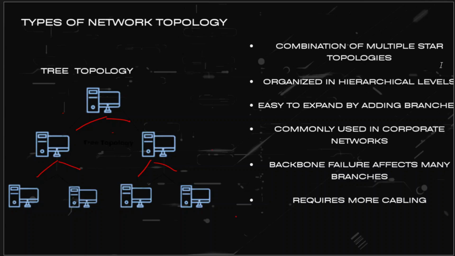If you take a college, there we can find a main fiber line, and the branches are like library, science department, arts department, computer department, and each department has its own branch connections.